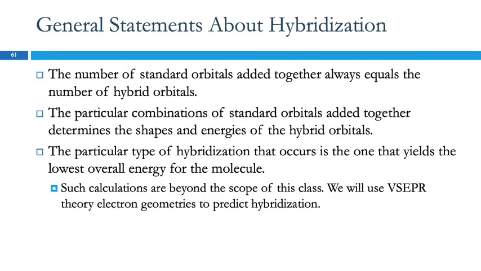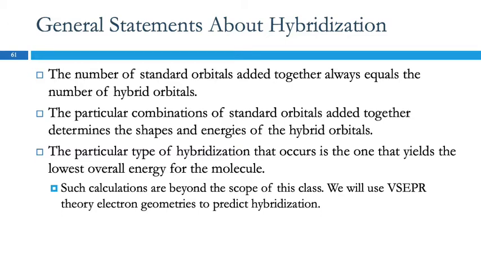So general statements. The number of standard orbitals added together equals the number of hybrid orbitals. So in other words, orbitals are conserved. If you start out with 3 orbitals, you end up with 3 orbitals. They're just going to be different in shape and energy. Which combinations of those standard orbitals you hybridize will determine the shape and energy of the hybrid orbitals.